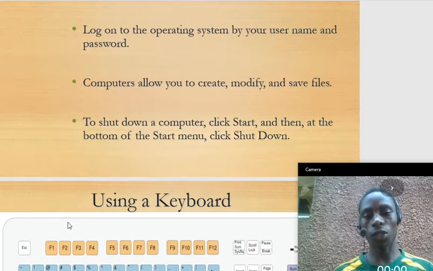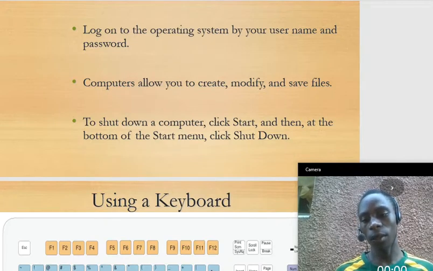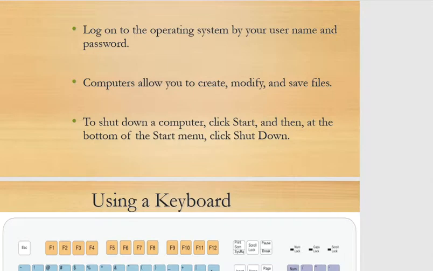To shut down the computer, click the start button on the Windows operating system. You click start, then on the left-hand side you click shutdown.